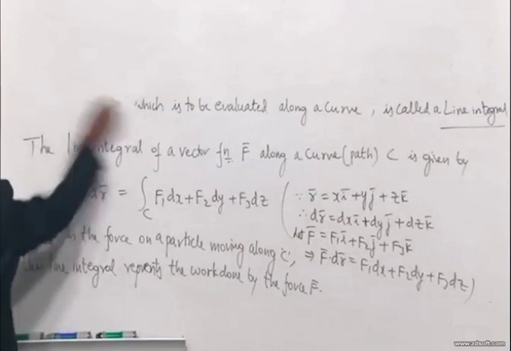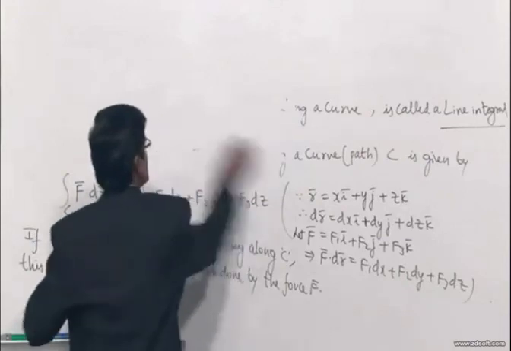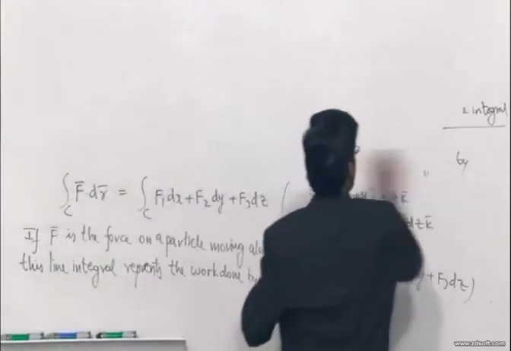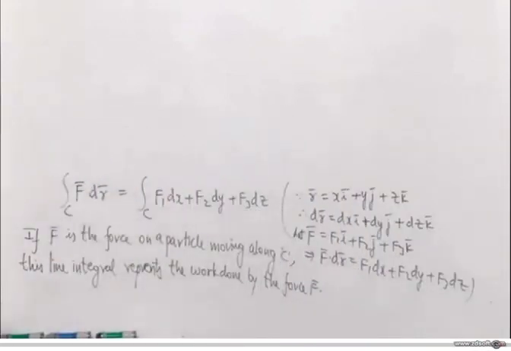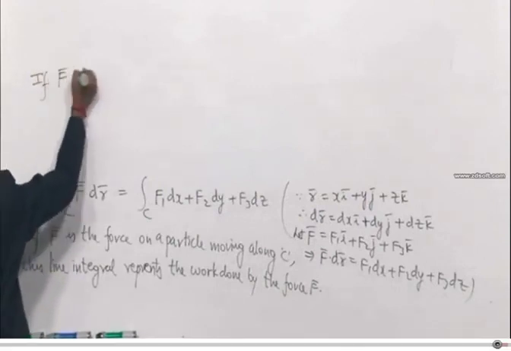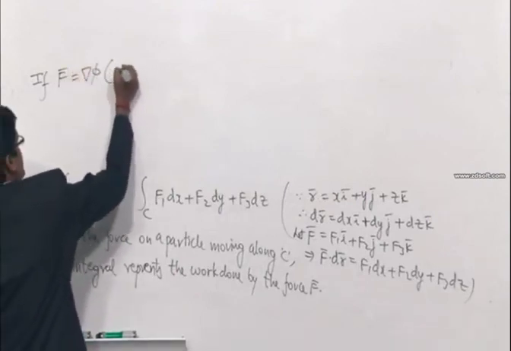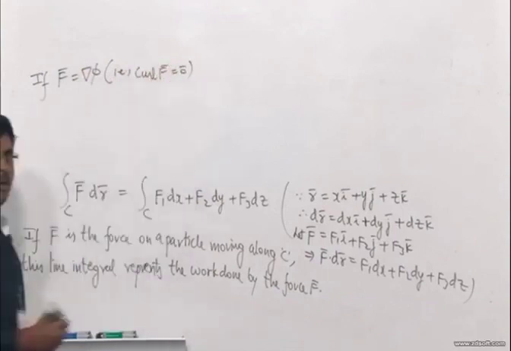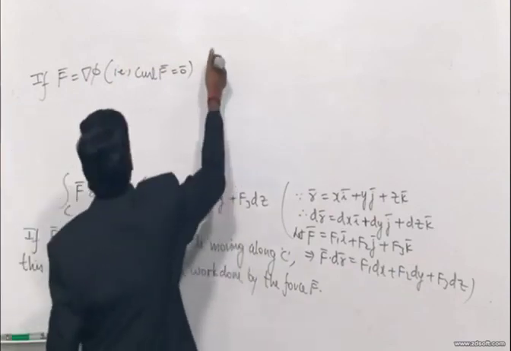The next point is, if f bar is equal to del phi, that is, curl f bar is equal to 0 bar, f bar is a conservative force field or irrotational.